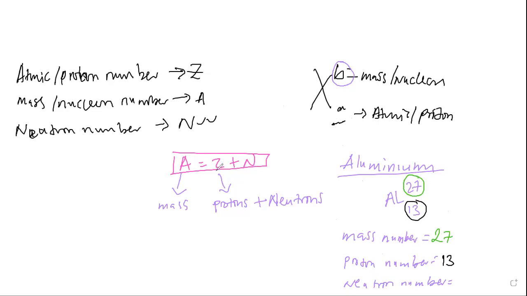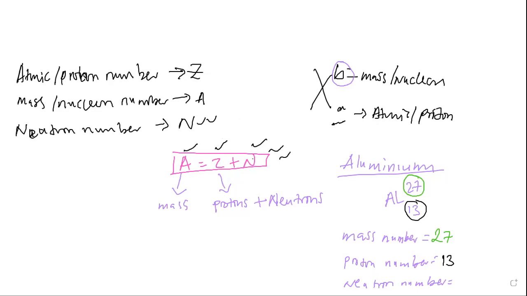Now, to get the neutron number, because we don't have the neutron number there, we are going to use this formula. We have the mass number and the proton number, we just don't have that.